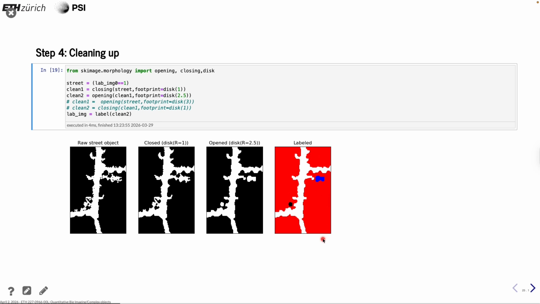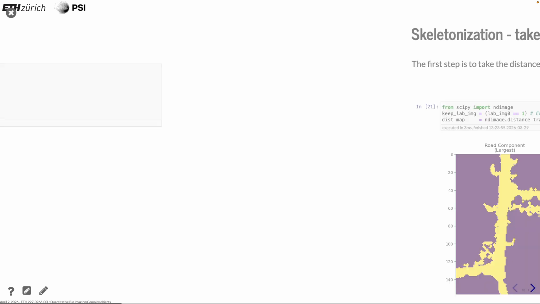If we run the labeling, we have a more reduced street map than before, and also with less clutter. In this region over here, there are very small, tiny little peaks. These peaks are really annoying when you start computing the distance map and also the skeleton. The skeleton can be really wild and unpruned if you have too many of these tiny details.